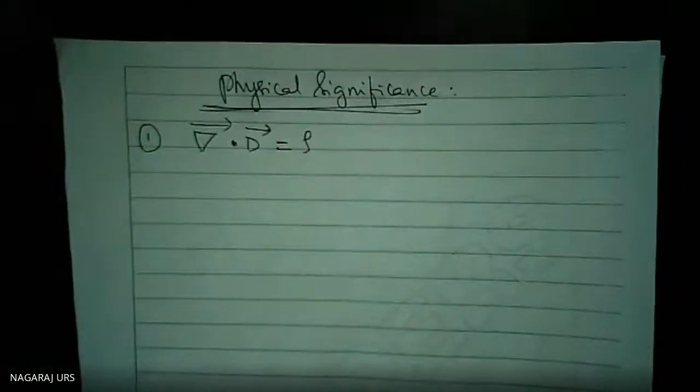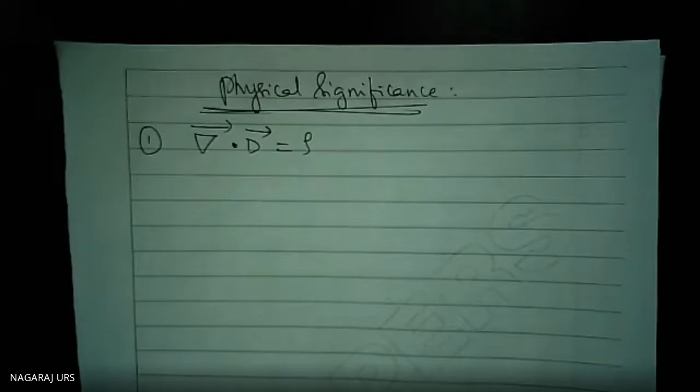Del dot D is equal to rho. This is Maxwell's first law. Del dot D is equal to rho. What is the meaning? What is the physical significance? What does this equation represent?